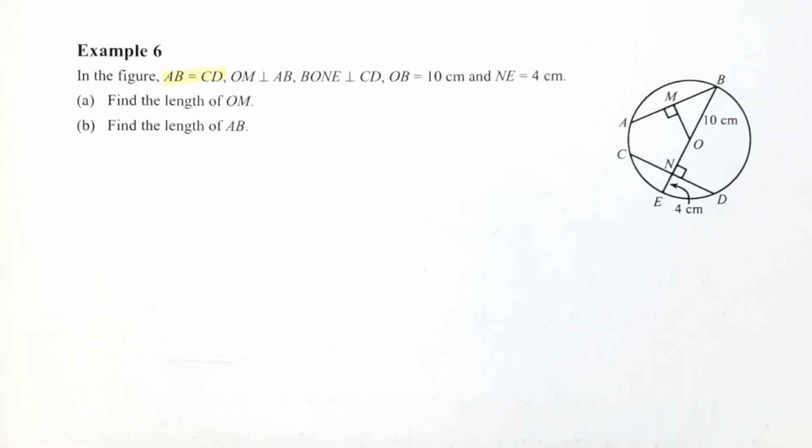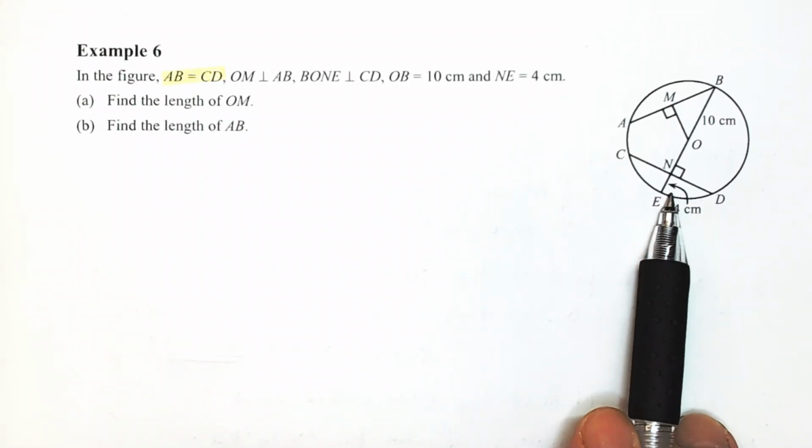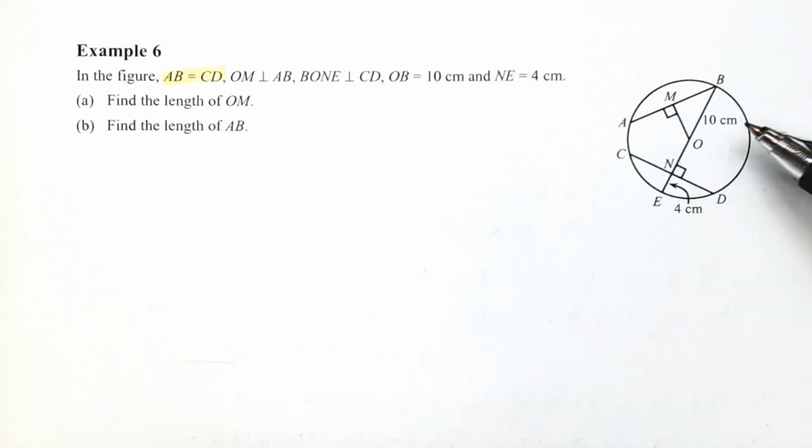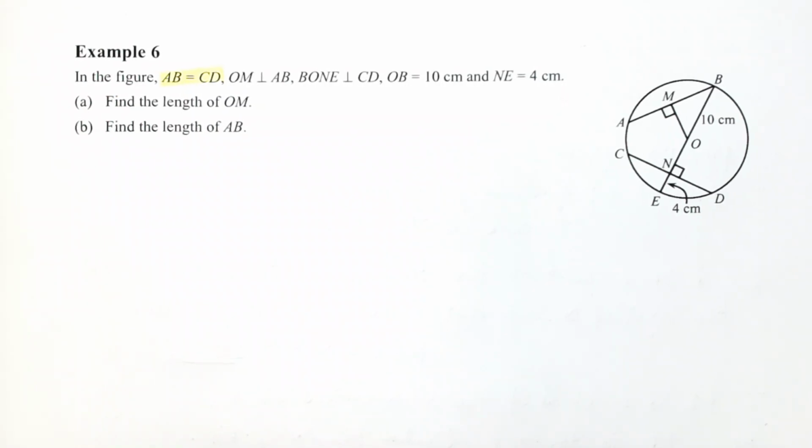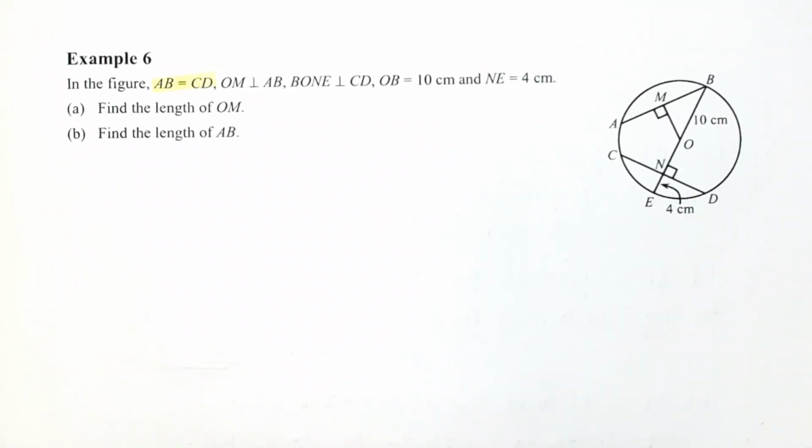That means you can obtain information of AB from CD, because you know that there's 4 here and you have 10 here, so you know that ON is 6. And since AB and CD are of the same length, then OM should be equal to ON. Now, find the length of ON first.